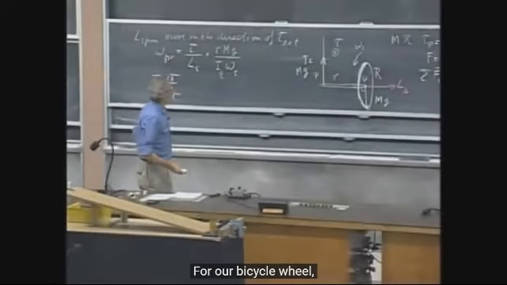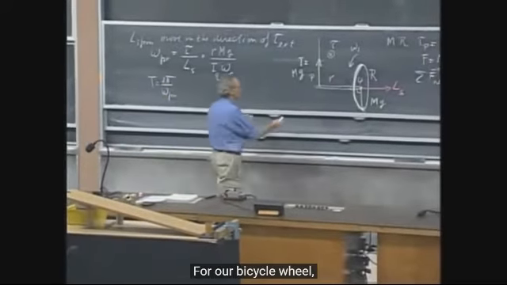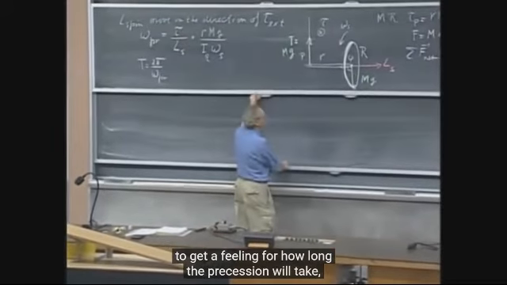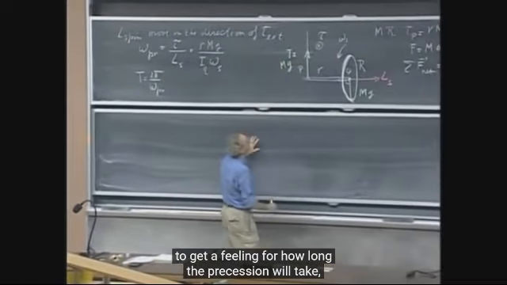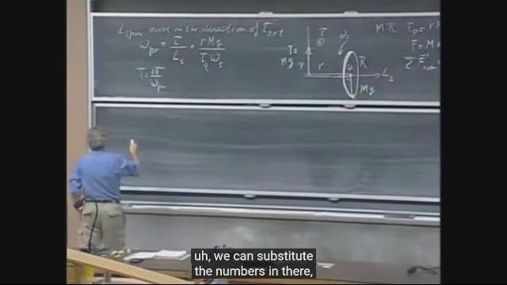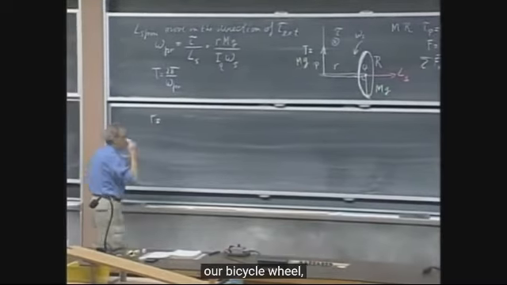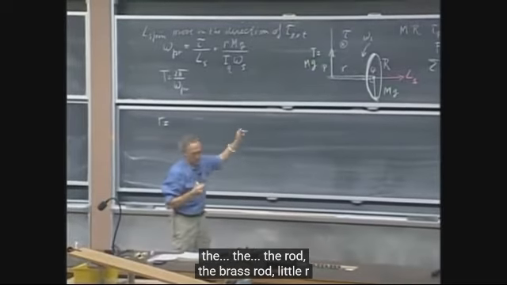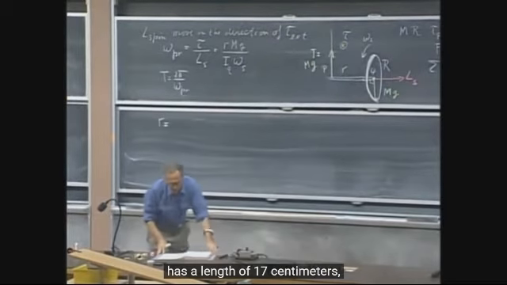For our bicycle wheel, to get a feeling for how long the precession will take, we can substitute the numbers in there. Our bicycle wheel, the brass rod, little r, has a length of 17 centimeters.